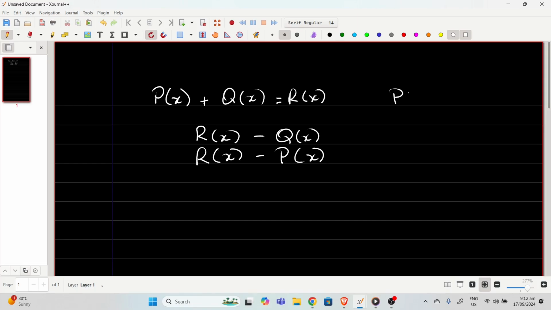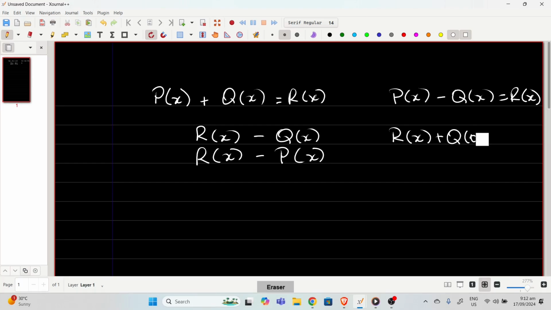If you did a subtraction like this, then you can figure out if you got the correct answer by simply taking the result and adding q of x, and you should get p of x. If you get that, then you got the right answer. If you didn't, then you didn't have the right answer. You should work it over.